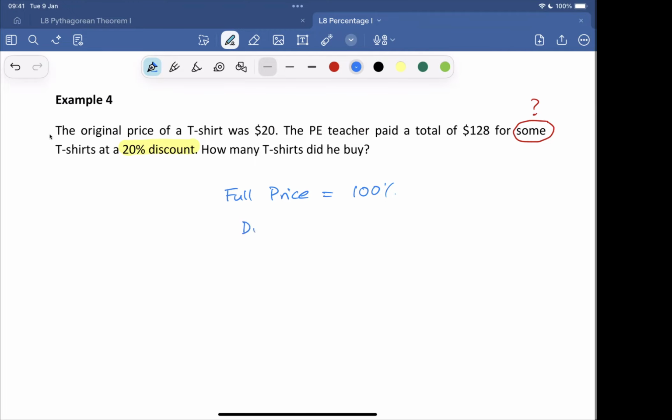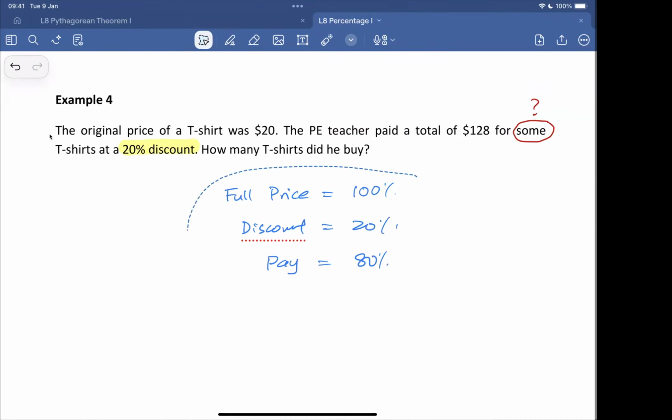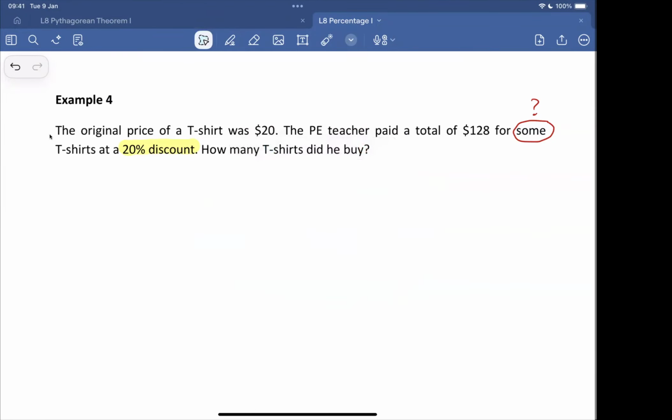Then if the shopkeeper gives you a discount of 20%, can you tell me how many percent must you pay? 80%. Very good. You must pay 80%. Well done. So students, look, there's a discount of 20%. That means the PE teacher only needed to pay 80%.